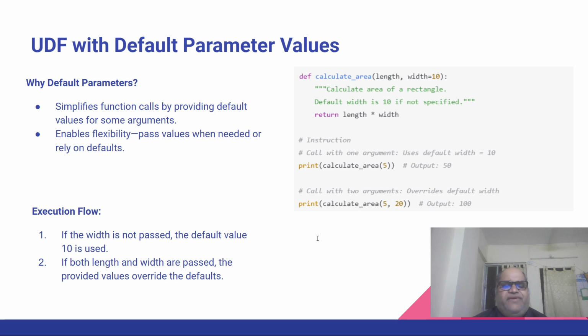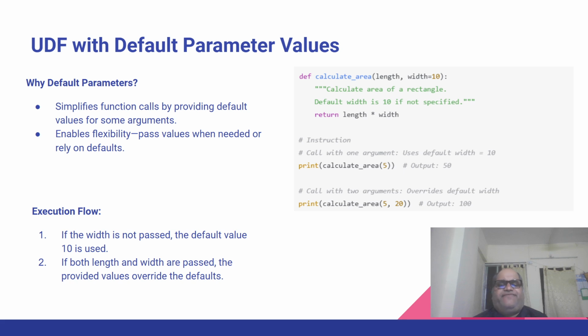However, if a second argument is passed, it overrides the default value, demonstrating how default parameters enhance function usability as well as avoid certain kinds of cumbersome common values that users have to repeatedly call with.